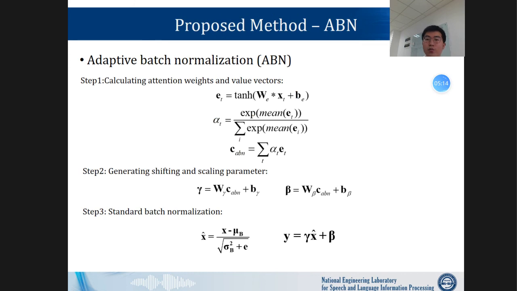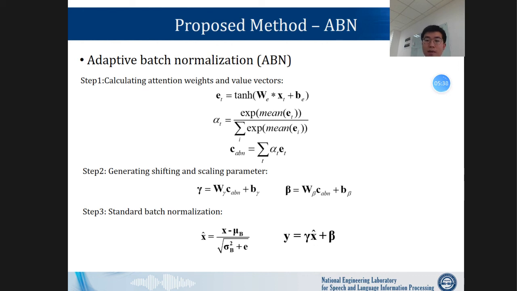Next, we will introduce the adaptive batch normalization. The main difference between the ABN and the BN is that the scaling and the shifting parameters are dynamically generated for different inputs in the ABN, while they are fixed for all the inputs in the BN during testing.